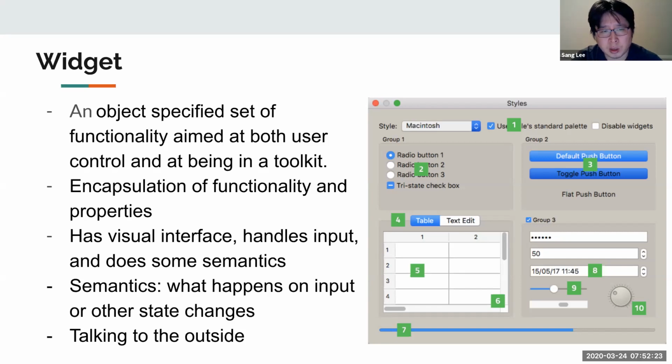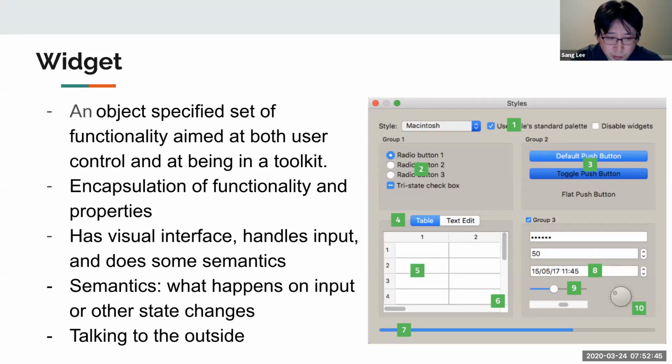It is an object-specified set of functionality aimed at both user control and at being in a toolkit. It encapsulates the functionality and properties, and it has a visual interface, handles input, and does some semantics.